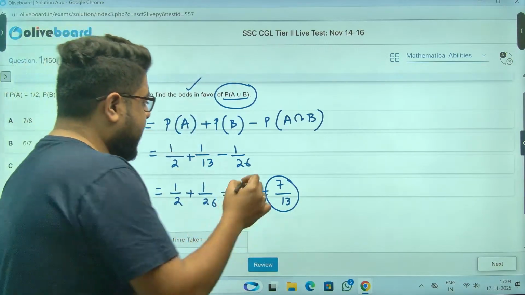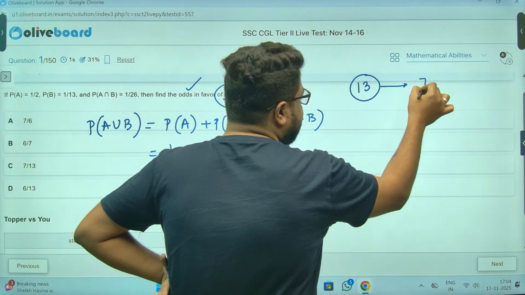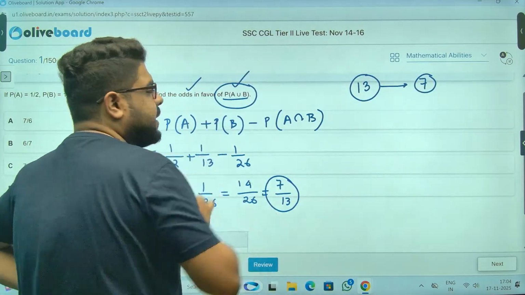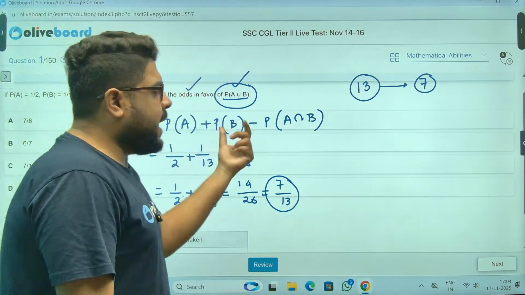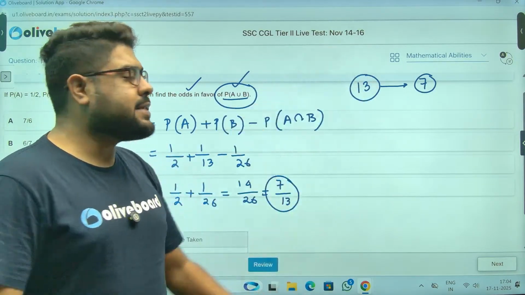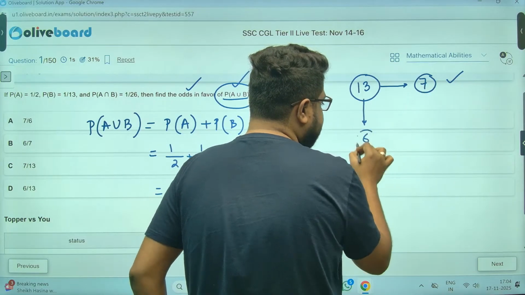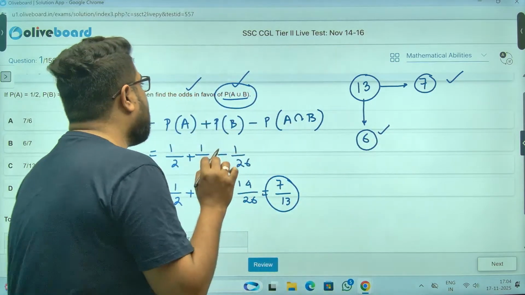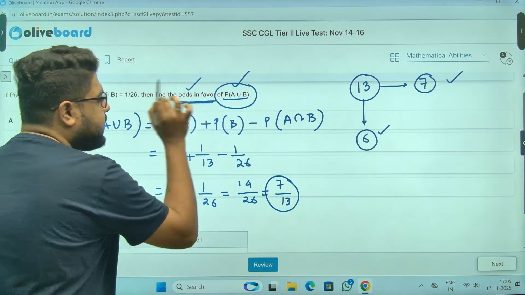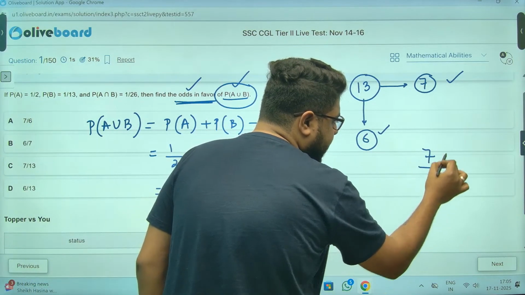Meaning, out of every 13 times, 7 times this event, A or B, will happen. So how many times will it not happen? It will happen 7 times, so 6 times it won't happen. Odds in favor means how many times it will happen by how many times it won't happen.